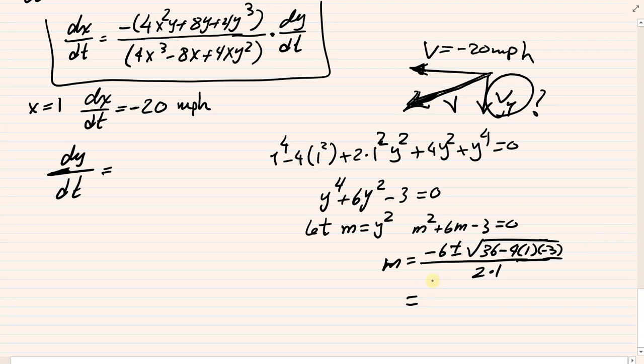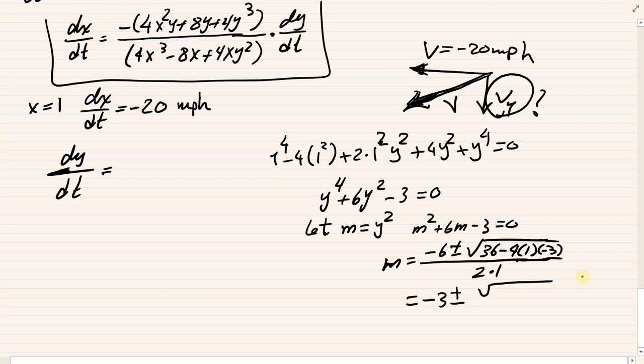So this is going to be negative 6 divided by 2, which is negative 3, plus or minus. The radicand is going to be what? Let's see, 4 and 3, 12. 12 and 36 is 48, correct? Yeah, square root of 48.